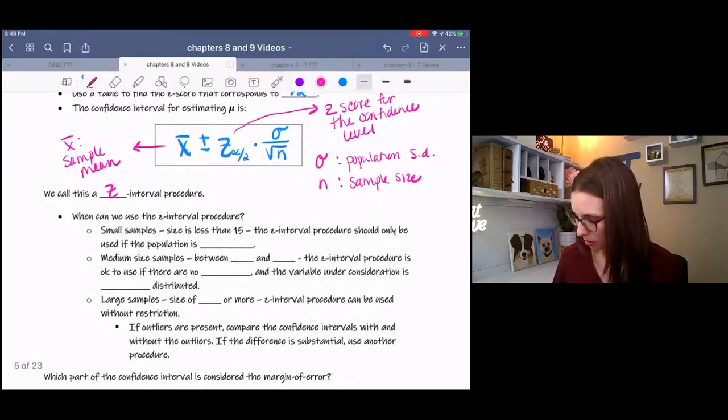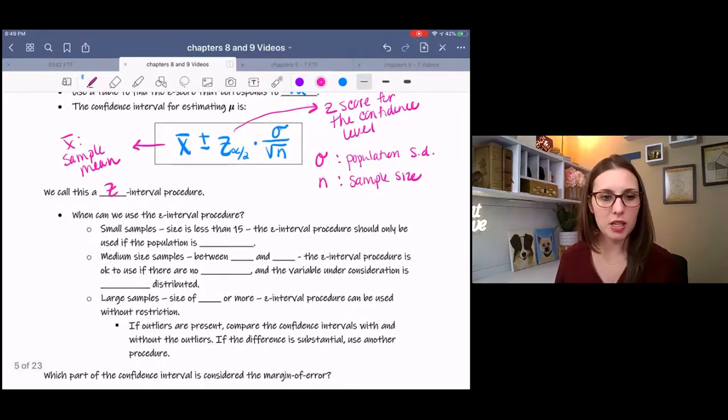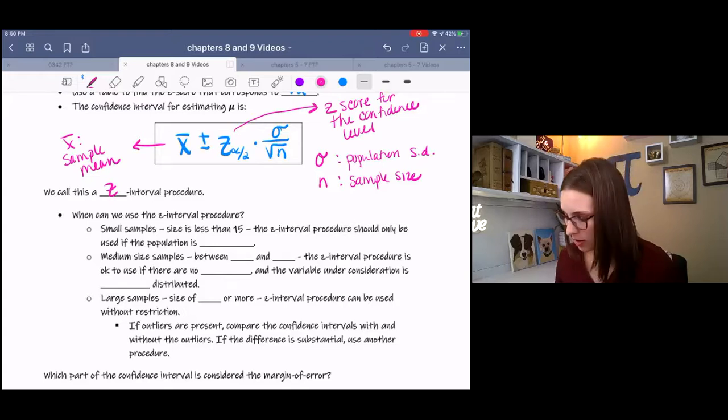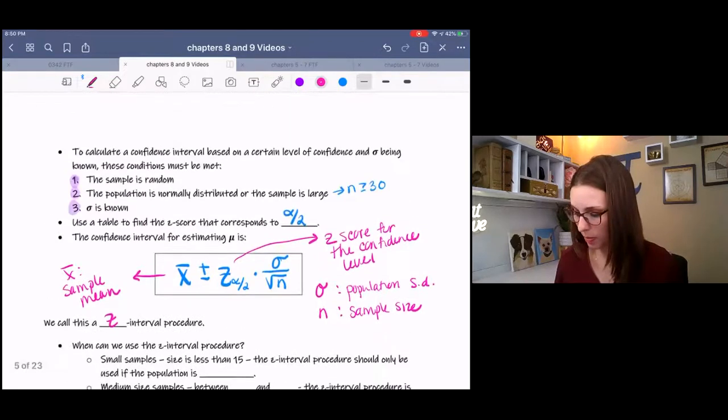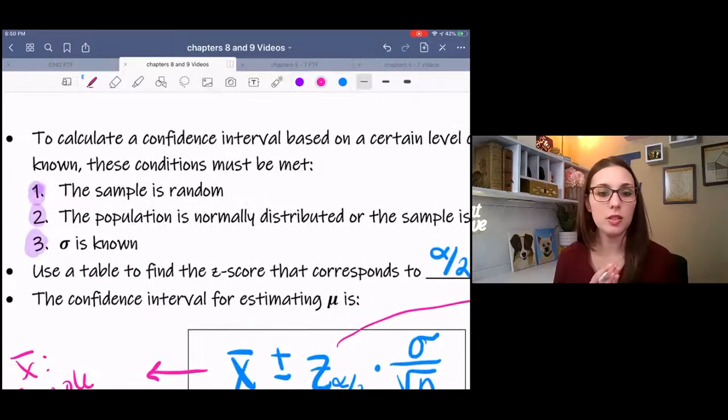And here's some little caveats for using the z-interval procedure. For small samples, which are less than 15, the z-interval procedure should only be used if the population is what? What did we say up here? What were the conditions?